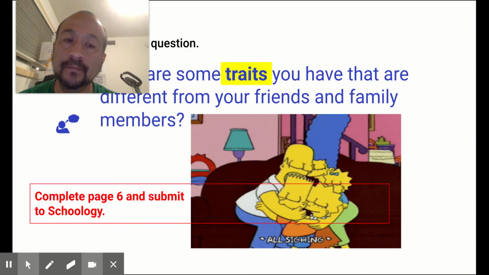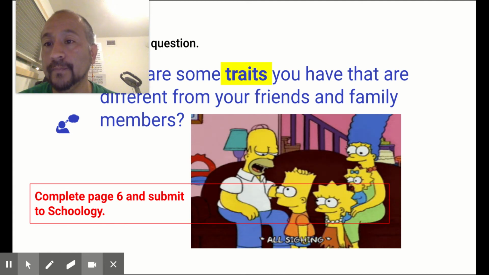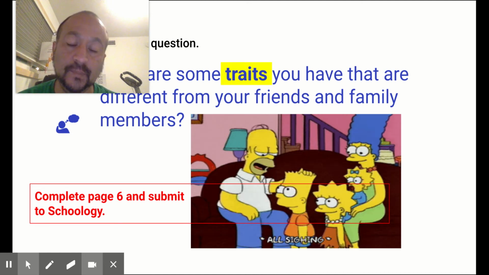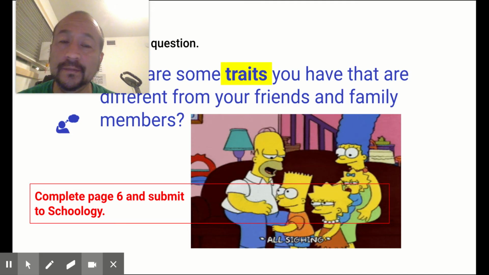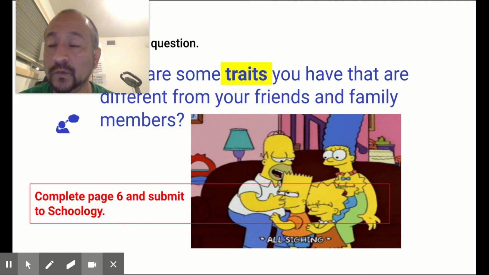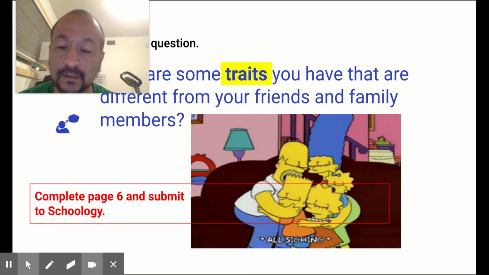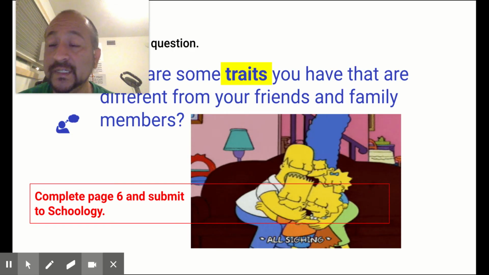Remember, traits would be eye color, hair color, whether you have curly hair or wavy hair or straight hair, even maybe the size of your ears, long ears, short ears, the shape of your eyes, oval, almond. So I would disagree with number one. I would say that we all have different traits.